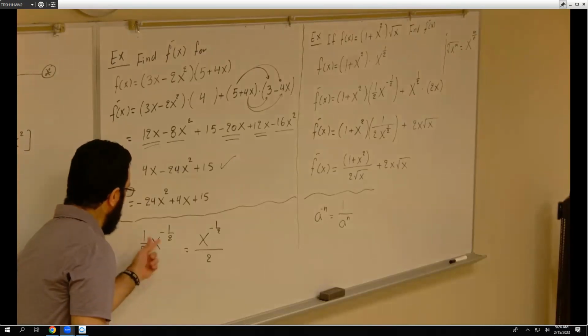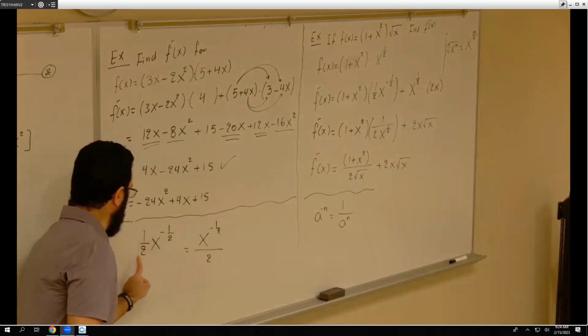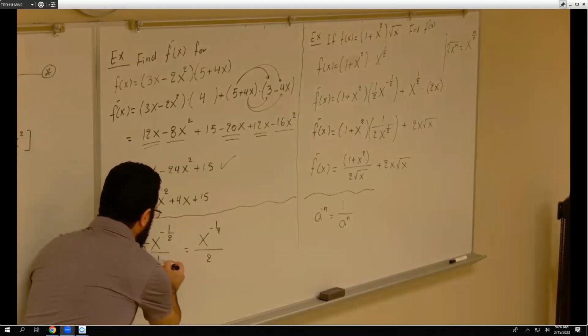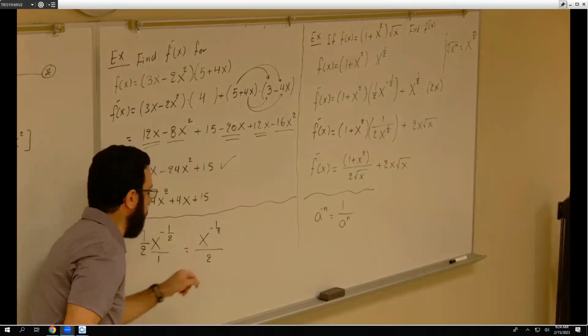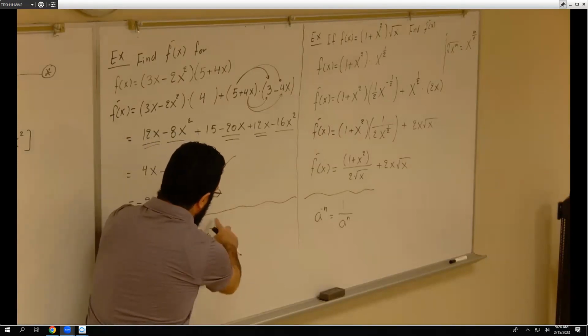Because 1 times x is going to be x to the negative 1 over 2, and 2, this is over 1. 2 times 1 is going to be 2. Yes or no? Now, next step, don't look at the 2. I'm looking at this one, a number with negative exponents.